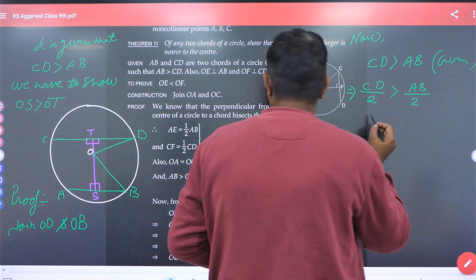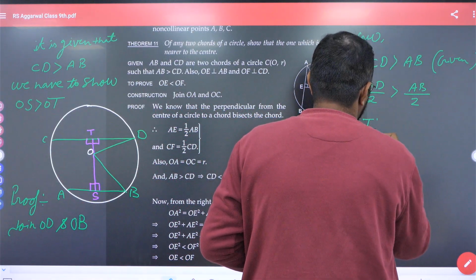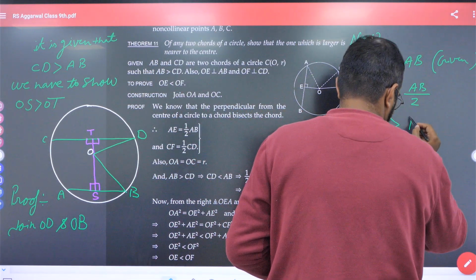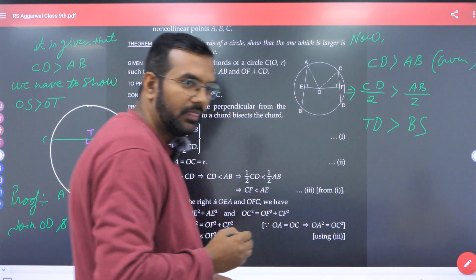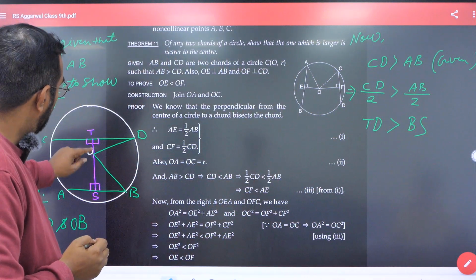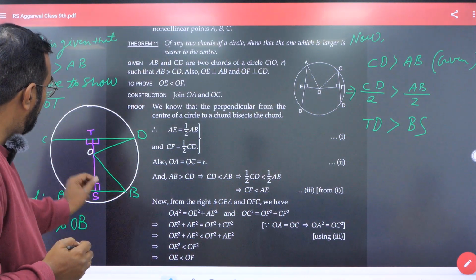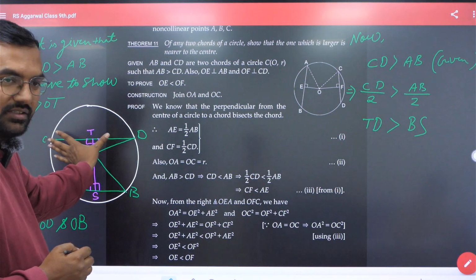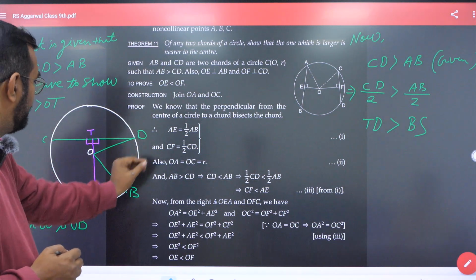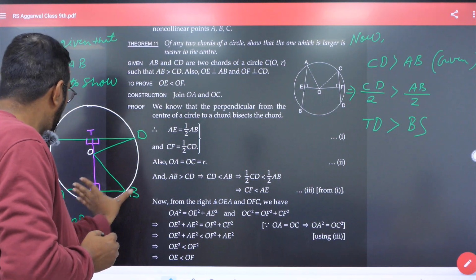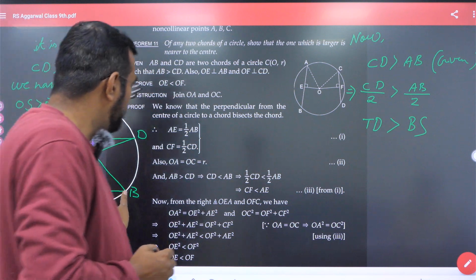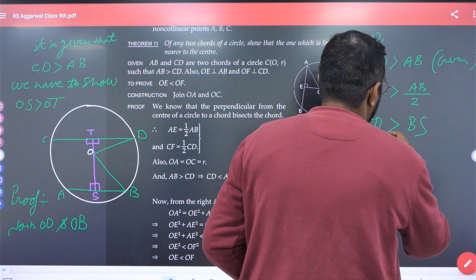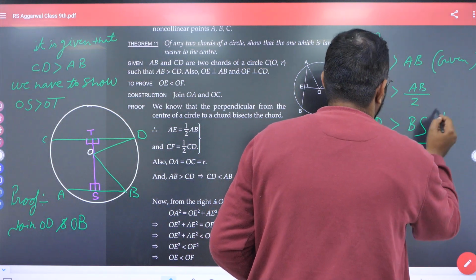So in place of half CD, we can write TD. So TD is greater than BS. Why? We can replace half CD by TD because a perpendicular from the center bisects the chord. So TD is half of CD, and similarly BS is half of AB. So TD is greater than BS.